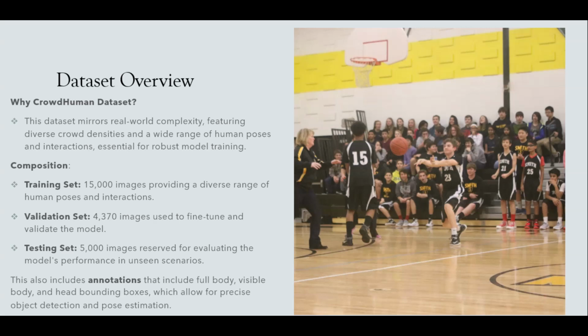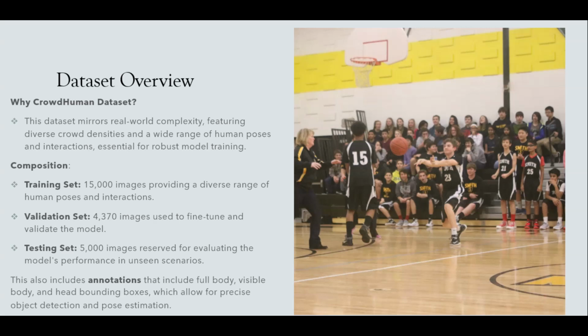We have a training set composed of 15,000 images, a validation set of 4,370 images, as well as a test set of 5,000 images. So in total, this could be about 20,000 real-world images.